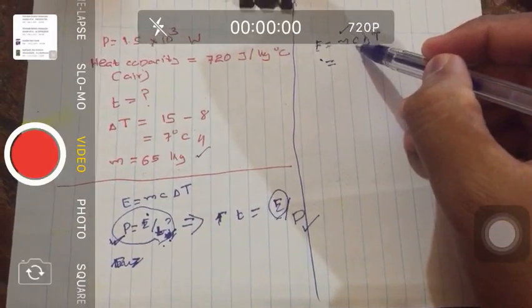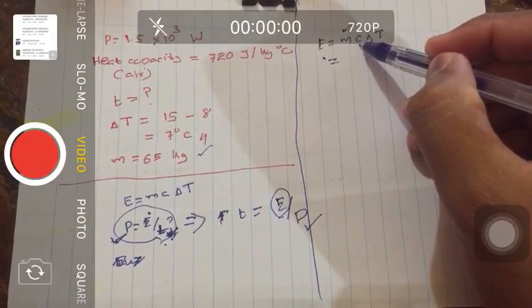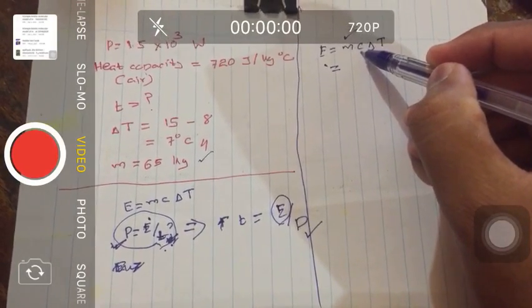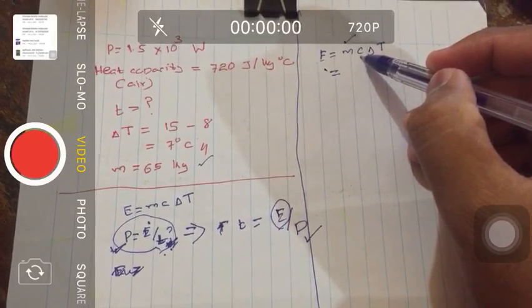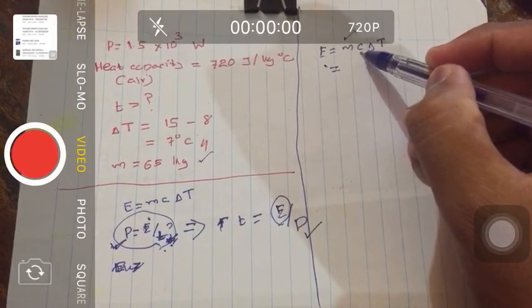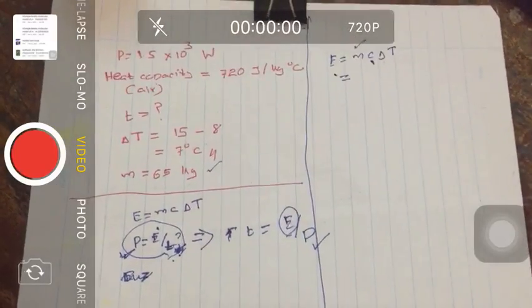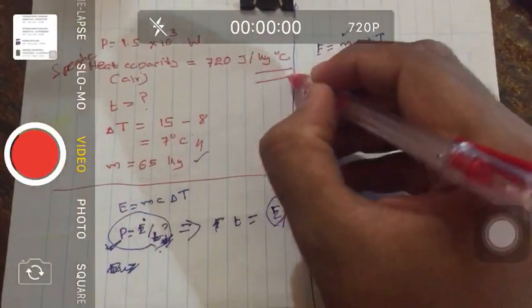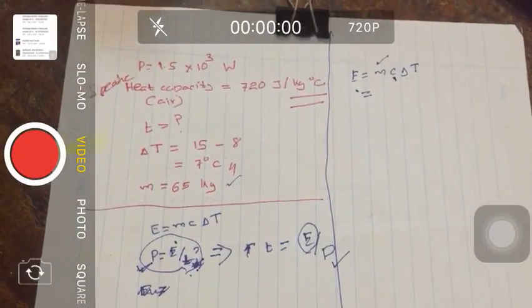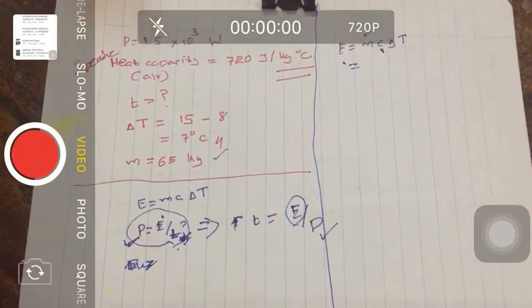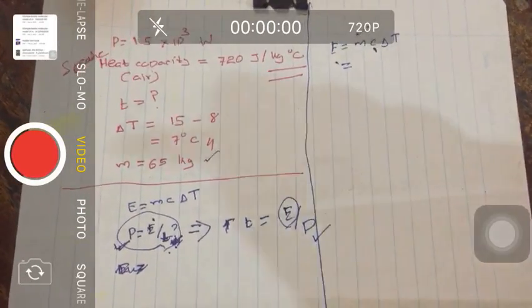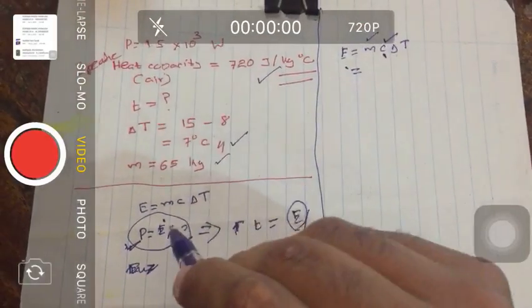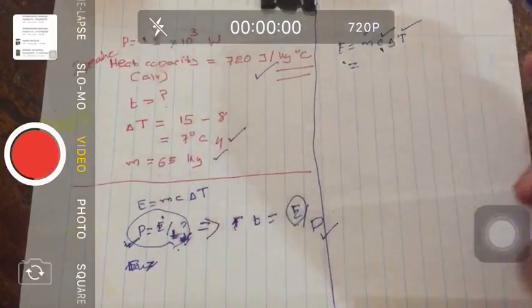Specific heat capacity, sorry guys, this is not heat capacity, this is specific heat capacity, joules per kilogram per Celsius. In the question paper also it says specific heat capacity. That was a mistake. So c is given, fine. Delta T is given, fine.